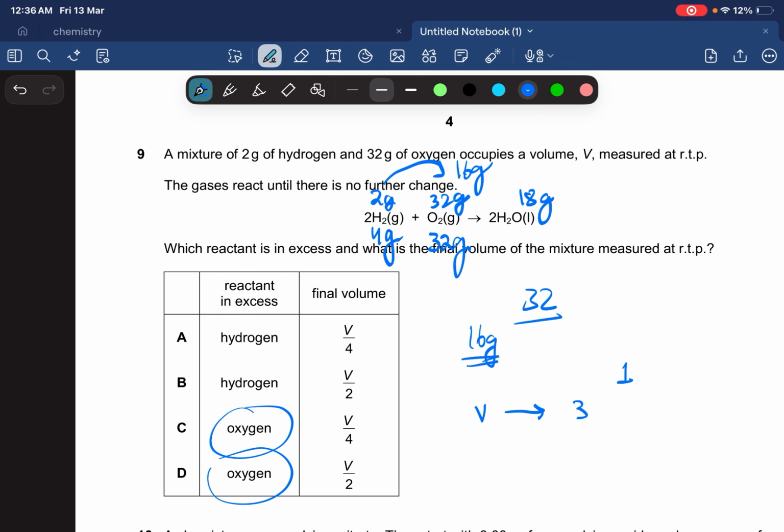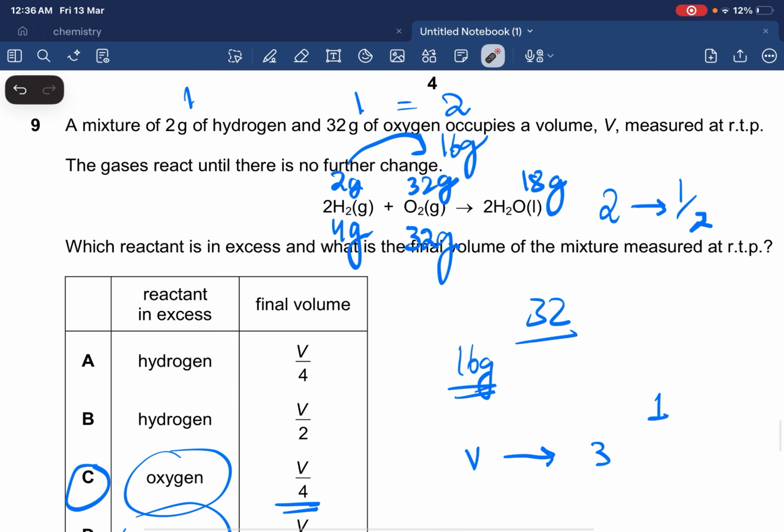It has a volume of 2 moles, 1 mole of this and 1 mole of this. It has a volume of 2 moles, but now only half a mole of gas is left. So going from 2 to 1/2, I divided by 4. So option C. Let me explain this to you.